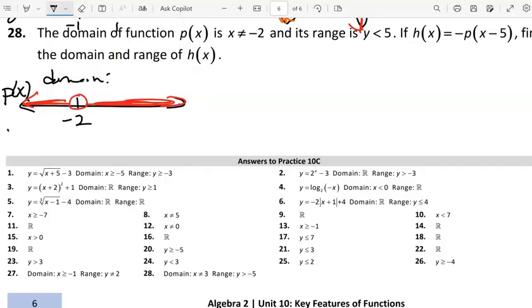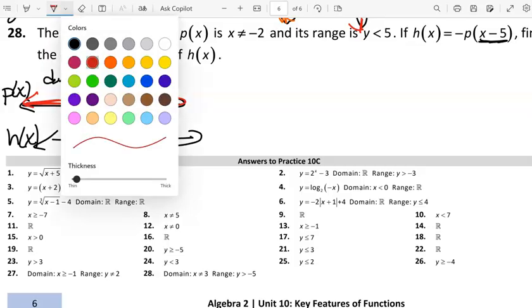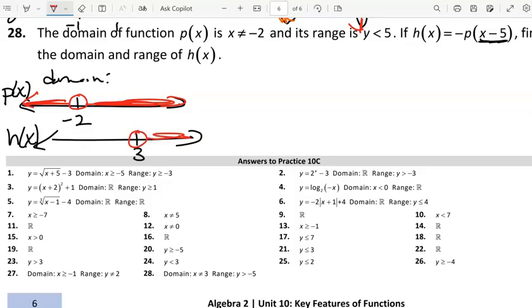And the transformed function h of x is a translation right 5 from there. So if we go right 5 from -2, that arrives at +3. And so the open circle will be on +3 rather than on -2.